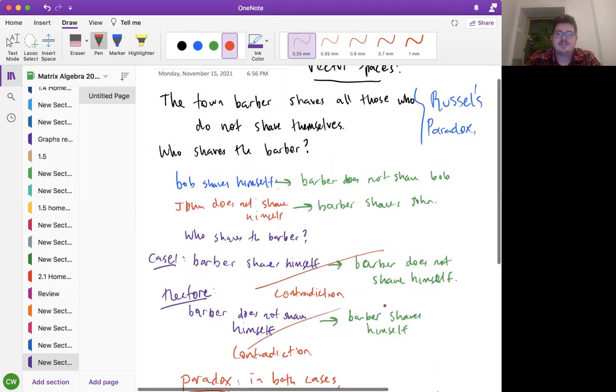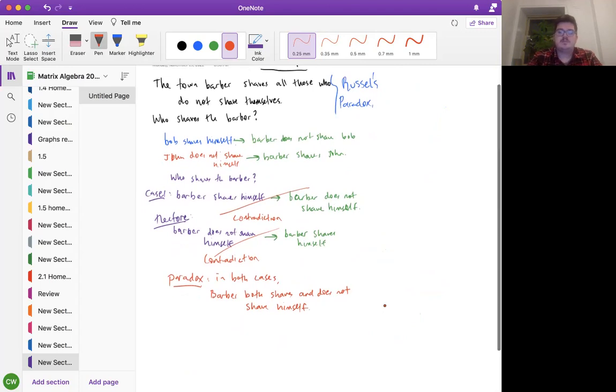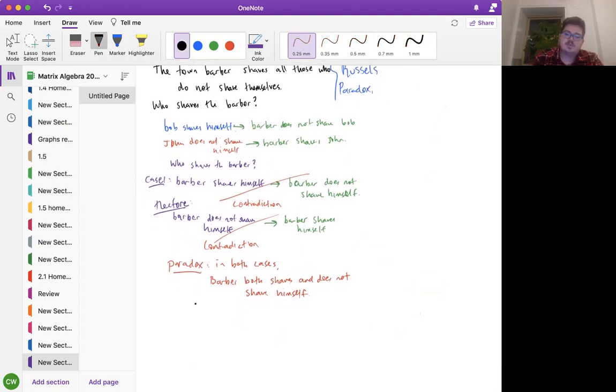So there's something very wrong here, right? That means how we've set up the statement, there has to be something wrong with it. So what is the solution to get around this?